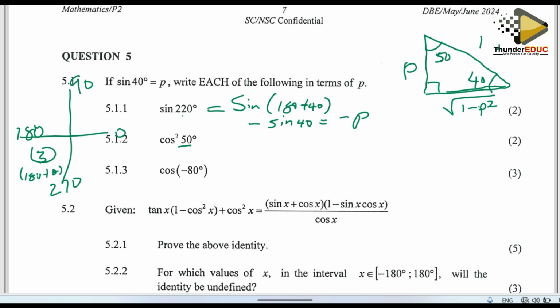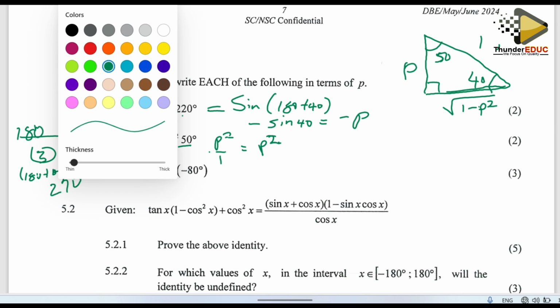So that's going to be p over 1, squared, which is the same as p squared, because we know that 1 squared will always give us just 1.